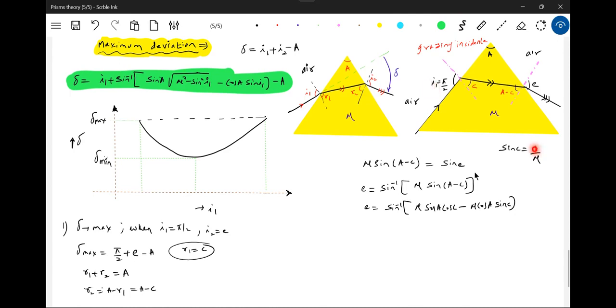So the refractive index of air will be 1. So this E is equal to sine inverse of mu sine A, and so on.